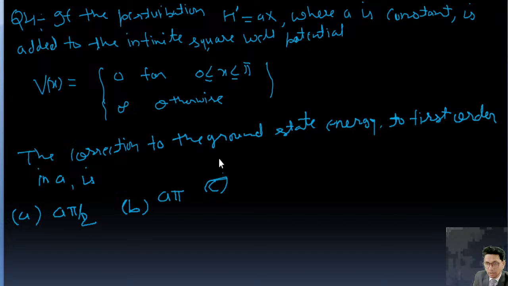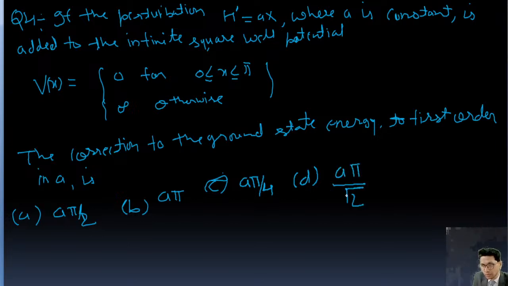Option C is A pi by 4. Option D is A pi by root 2.